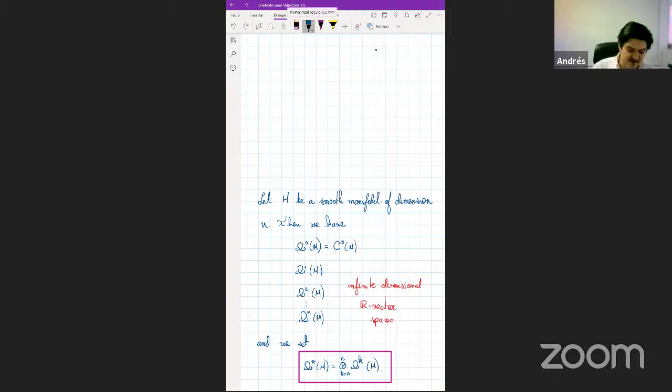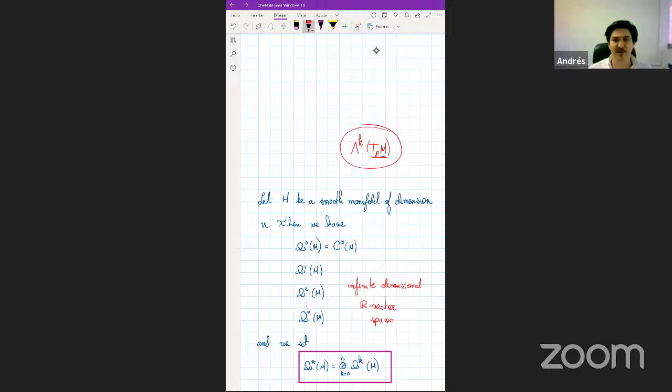Now, remember this, they are infinite dimensional, but when we talk about this, this is finite dimensional, and this is also a vector space of finite dimension.